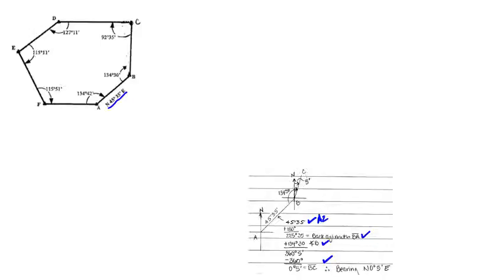So azimuth, back azimuth, add an angle. That's a little symbol for angle. So we had 225 degrees and 35 minutes to here.